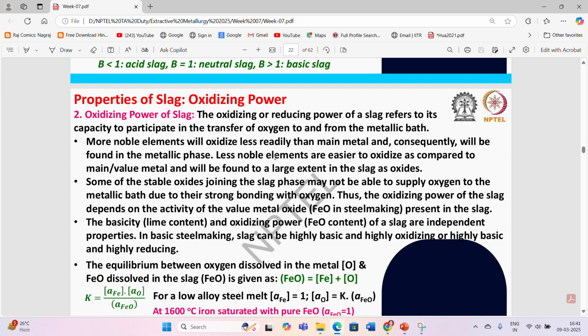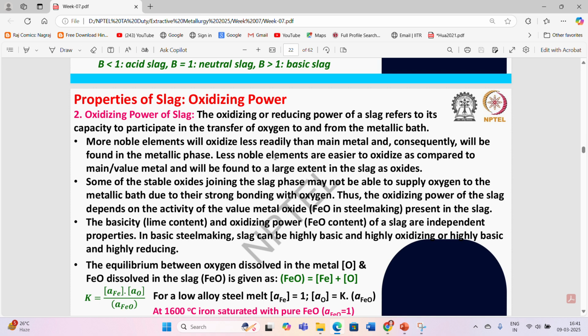On the other hand, less noble elements are easier to oxidize and will be found to a large extent in the slag as oxide. For example, aluminium, silicon, and magnesium tend to report to the slag due to their high affinity towards oxygen.